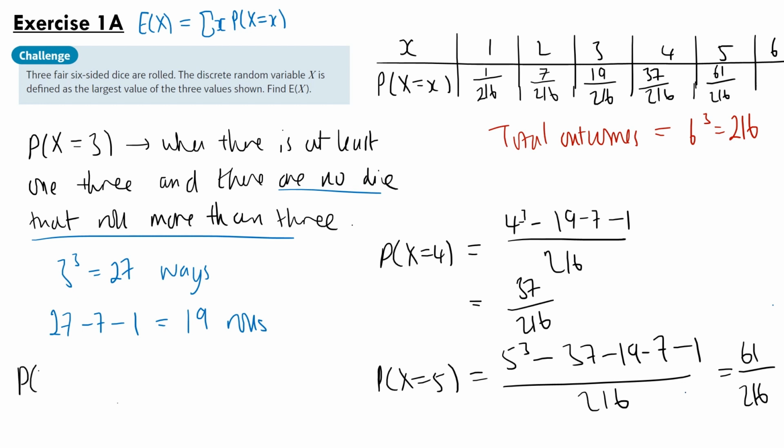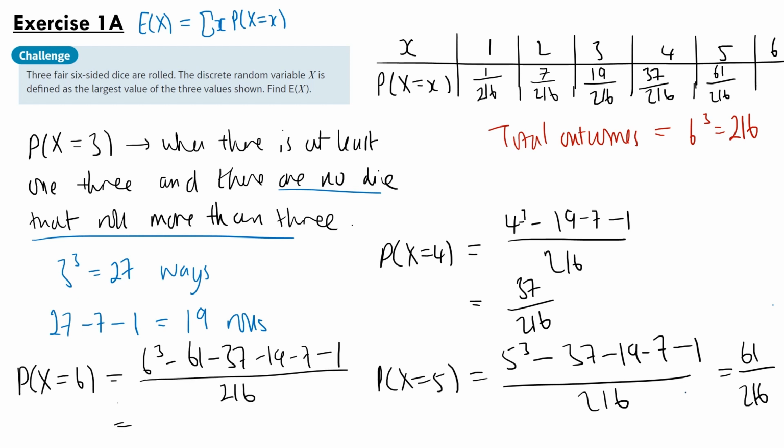And doing the same for the probability that X is equal to 6 gives us 6 cubed minus 61 minus 37 minus 19 minus 7 minus 1 all over 216, and that is equal to 91 out of 216. We can notice that this is the same calculation as 1 take away the sum of these values here, which would also give us the final value, as we know all the probabilities have to sum to 1.